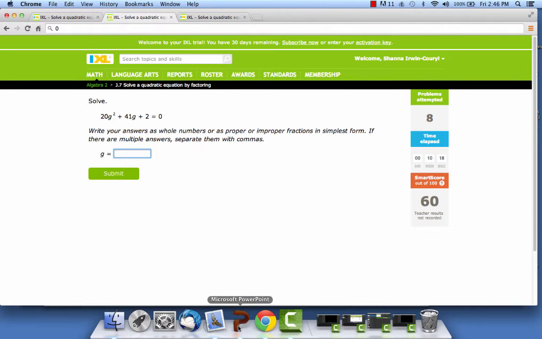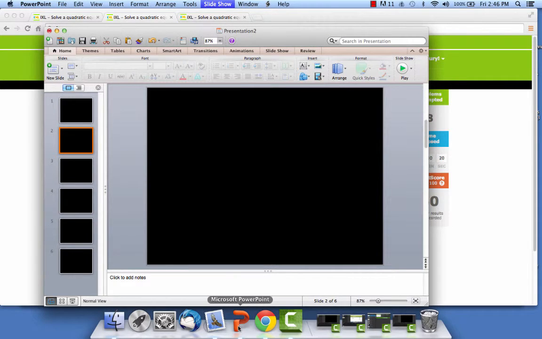20, 41, 2. Okay, so there's nothing in common to factor out, even though there's that 20 on the side, because 41 is prime. So I take 20 times 2, so 40 is the thing I'm factoring.